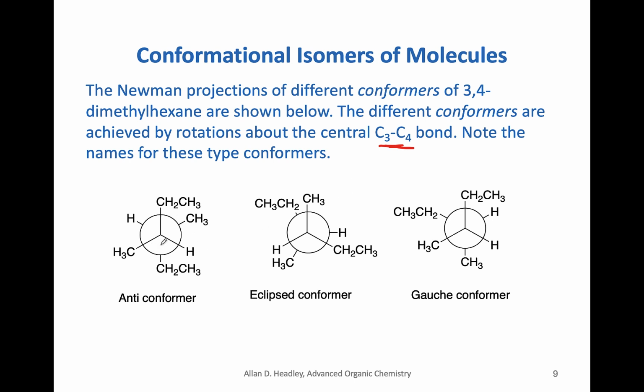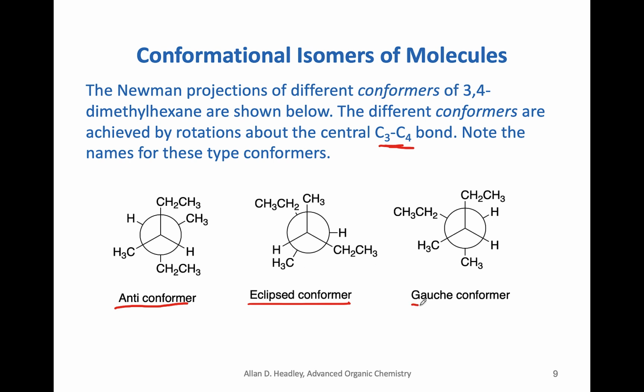So rotation here, one possible isomer is called the anti-conformer, which is really staggered, but the anti means the two largest groups are furthest from each other. Here's the eclipsed conformer, where the groups are directly behind each other, right across from each other.